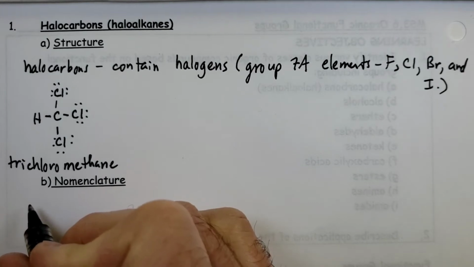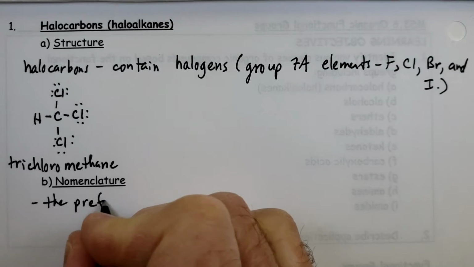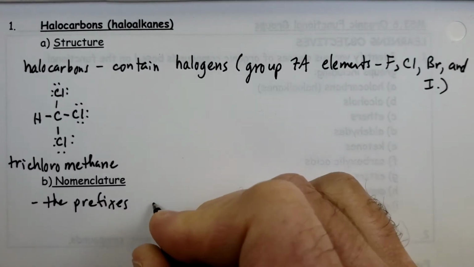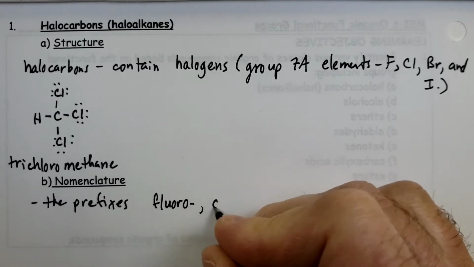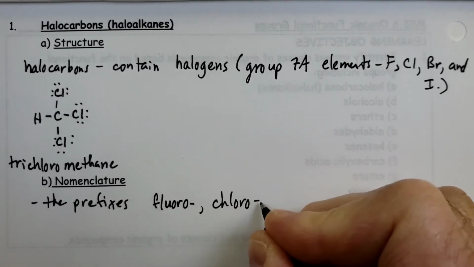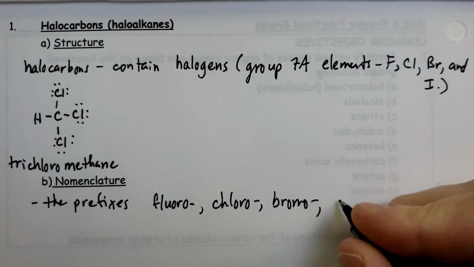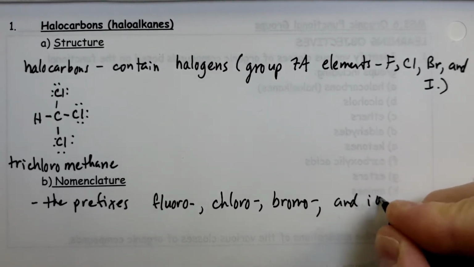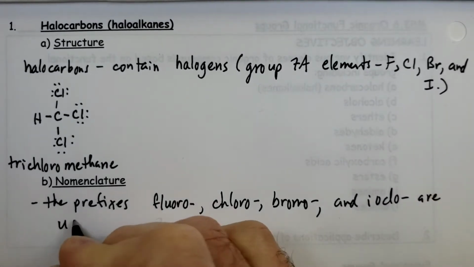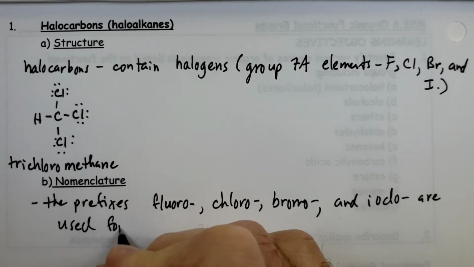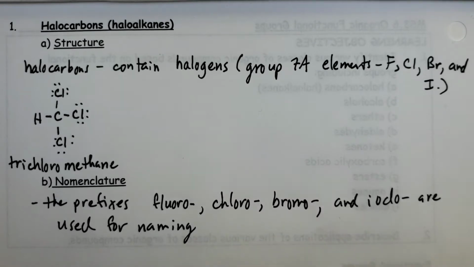So we could jump into the nomenclature here. The prefixes fluoro, chloro, bromo, and iodo are used for naming.